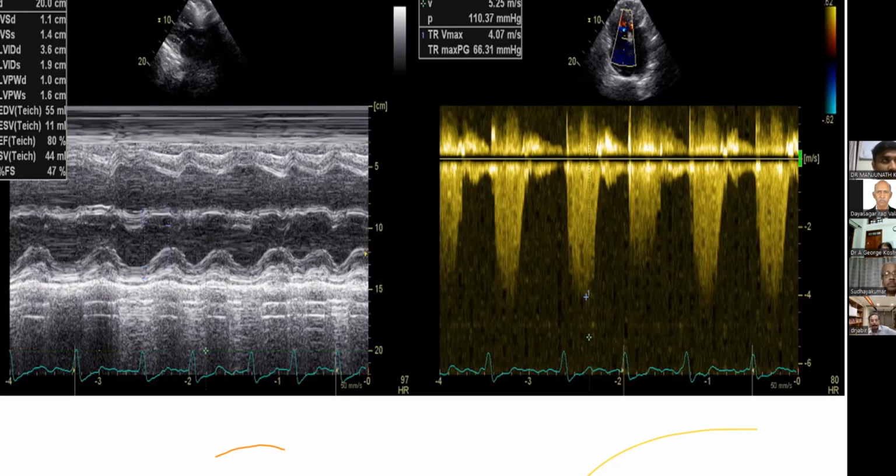Infiltrative disorders. Like? Anderson-Fabry disease, sir. Not EMF, Anderson-Fabry, an infiltrative disorder. You can also get it in hypertrophic cardiomyopathy, storage disorders, Anderson-Fabry. So you need to remember that.